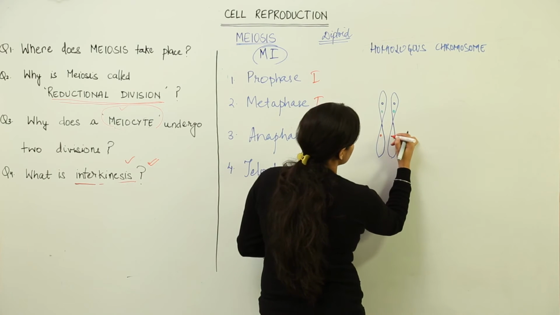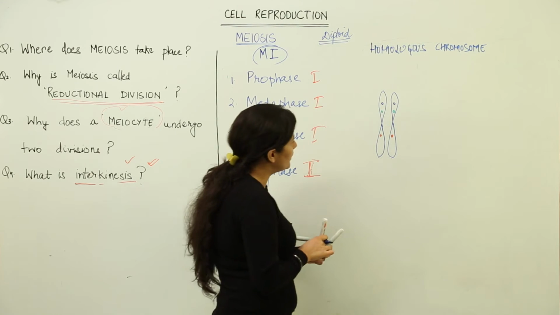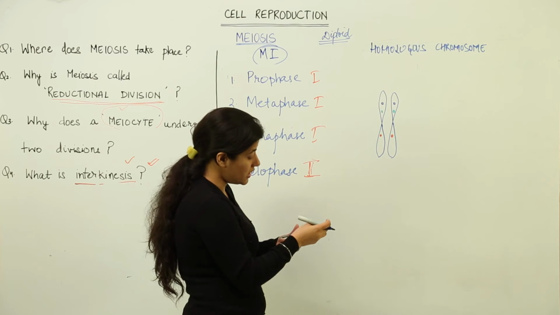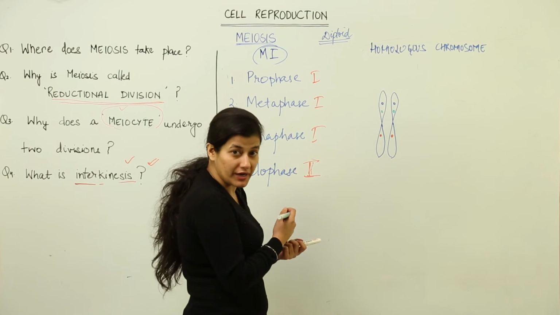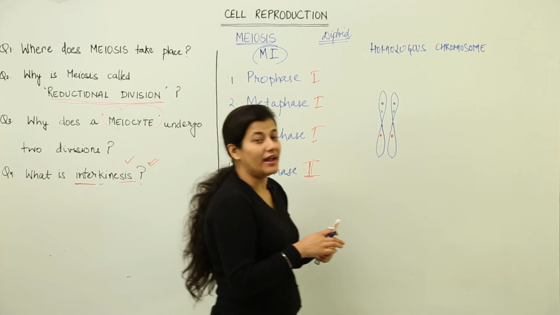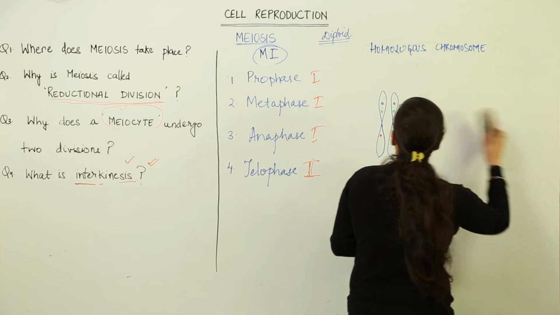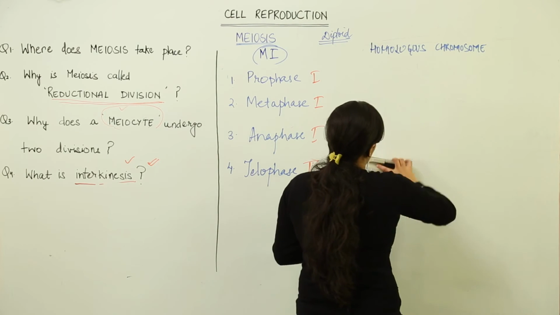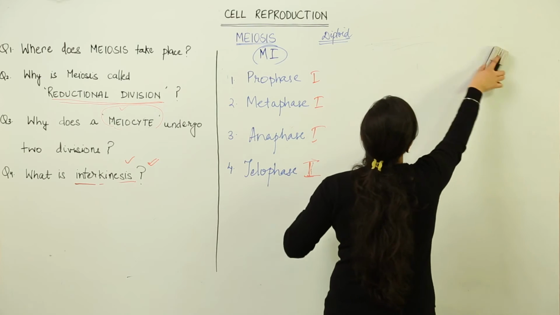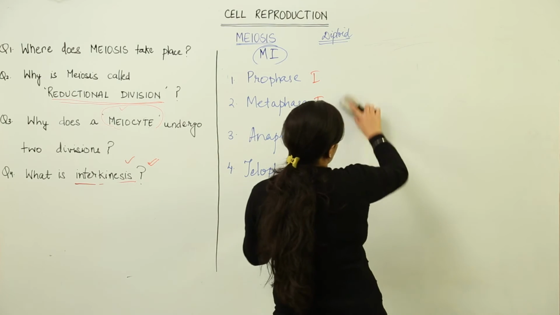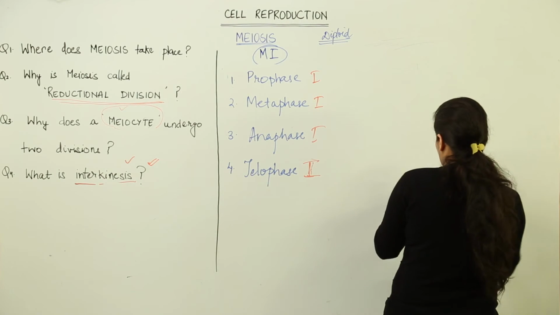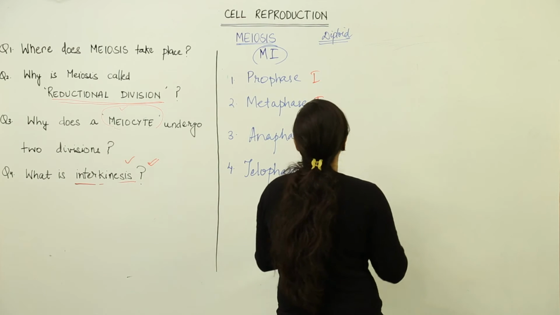Now what is meiosis all about? It is all about bringing these homologous chromosomes together, then separating them by the first division, and then afterwards obtaining the division process in harmony with the other vital processes like crossing over and recombination.